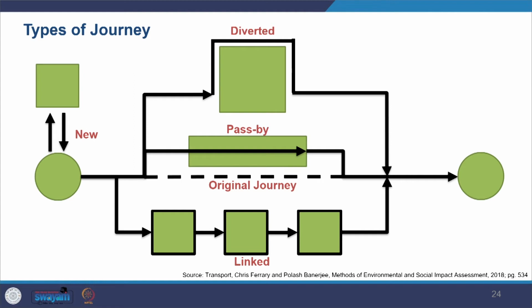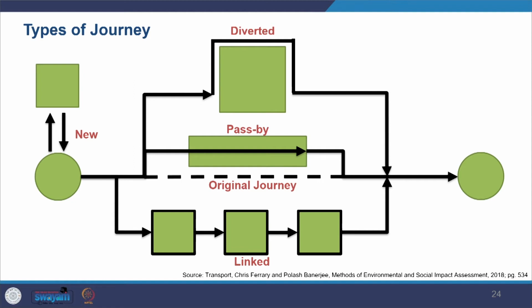Another term is pass-by trips. Pass-by trips are made as part of another journey. There's another journey going on, and with that you make a pass-by trip. Like when you're going from your work to your home, you halt at certain places. That's called pass-by trips.